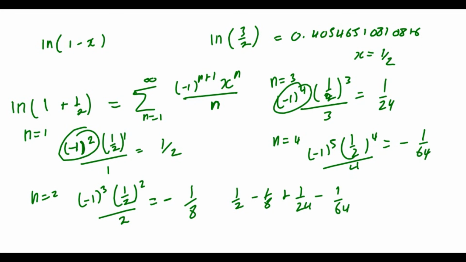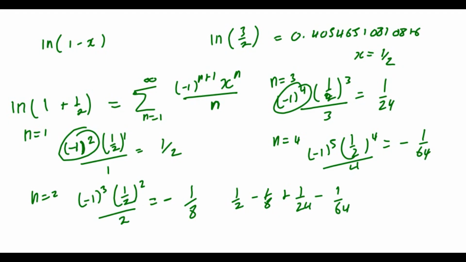Let me see what I get on my calculator here. So if I say 1 over 2 minus 1 over 8 plus 1 over 24 minus 1 over 64.